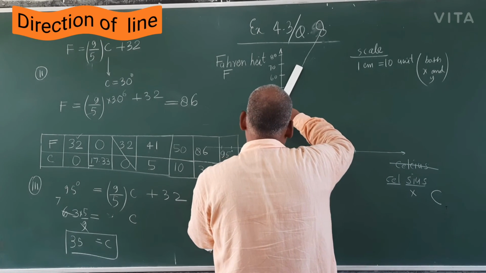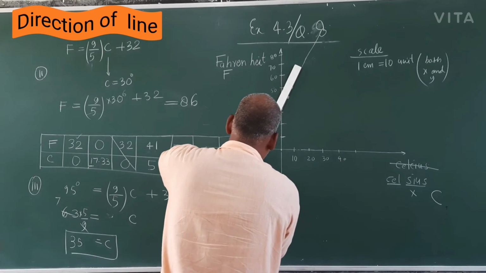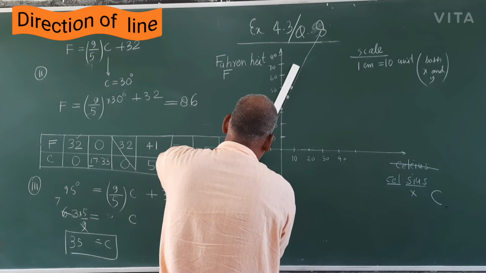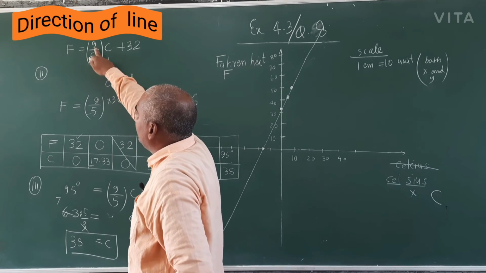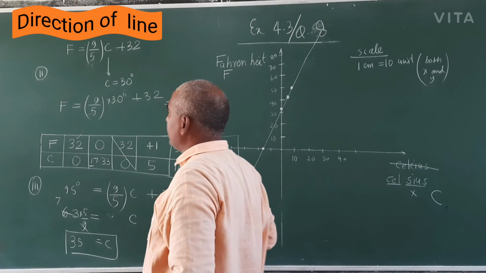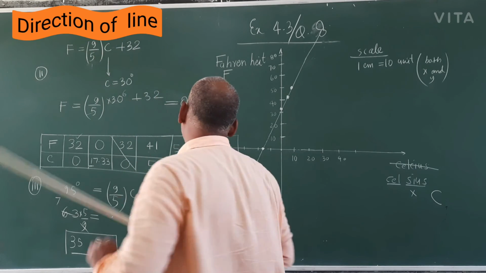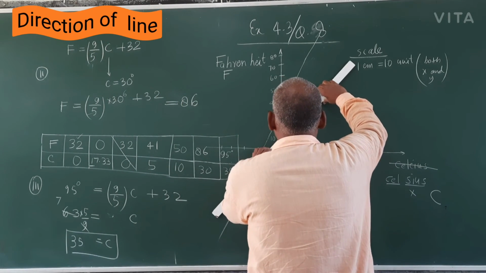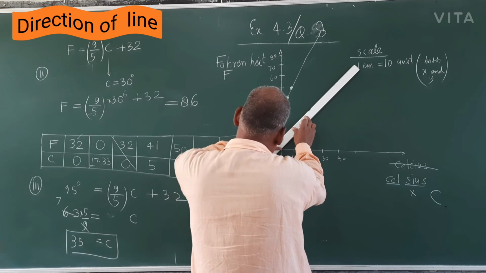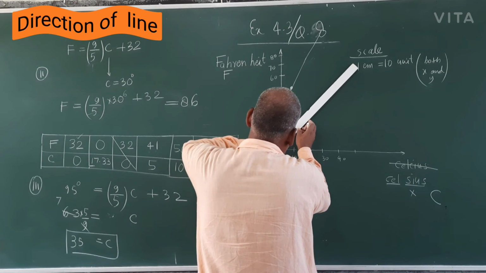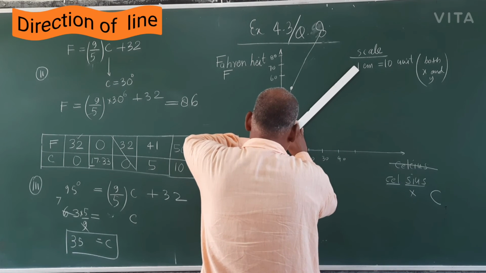If you draw this line, F is equal to 9/5 C plus 32. He is asking, if you draw F is equal to C, this is the middle line. So whether it will cut this graph at any point? The answer is yes.